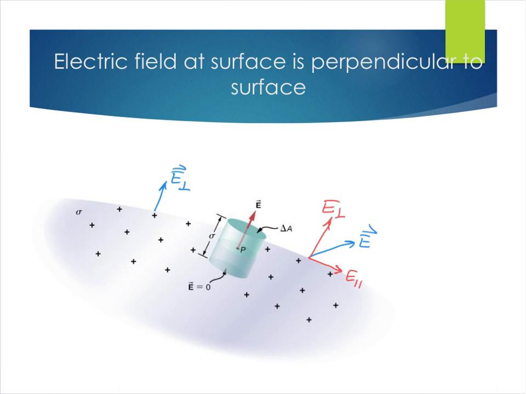This parallel electric field would exert a force on the charges on the surface that would be parallel to the surface, and it would make the charges move along the surface.